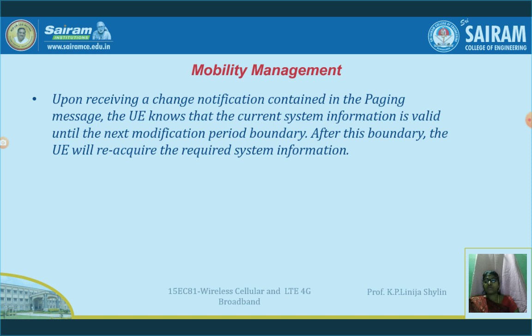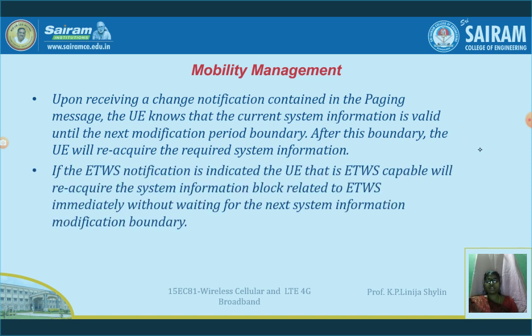So the user equipment is configured to decode the physical downlink control channel with CRC scrambled. All this happens by using the paging radio network temporary identifier, abbreviated as P-RNTI.